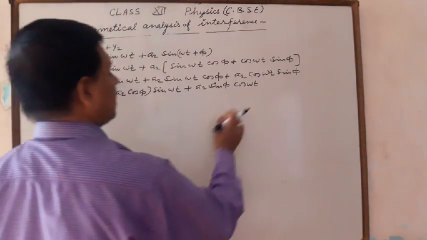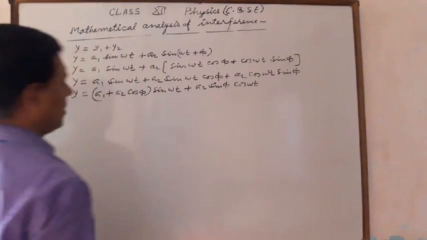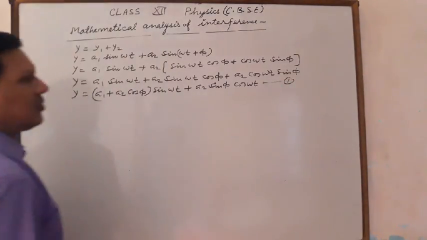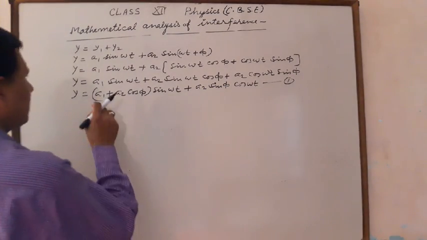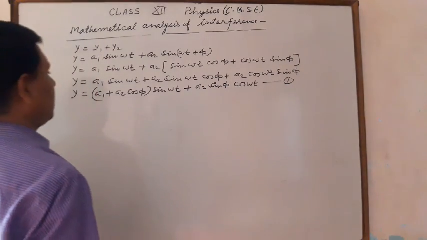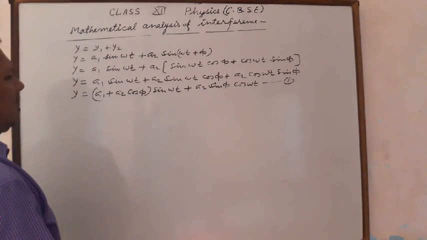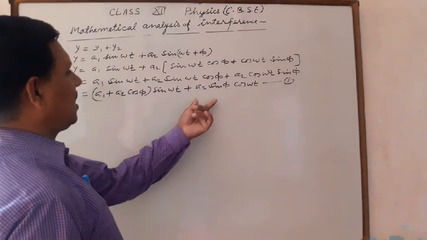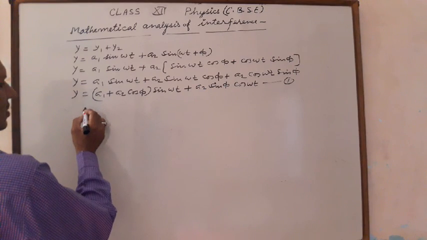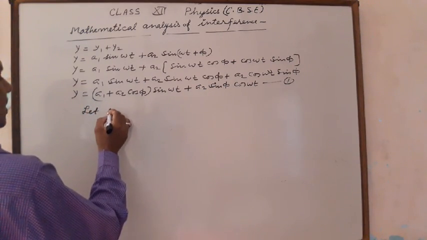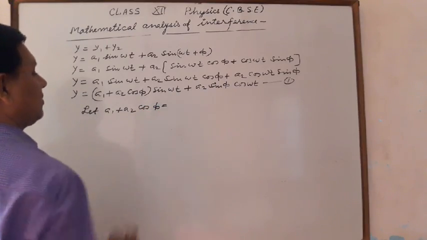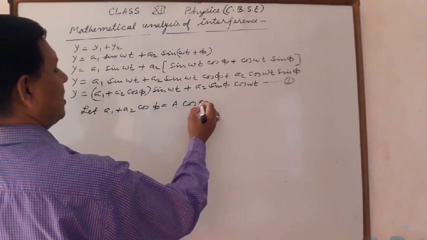This equation is taken as equation first. Here we see A1 plus A2 cos phi, and A2 sin phi. So let us suppose A1 plus A2 cos phi is equal to A cos theta.